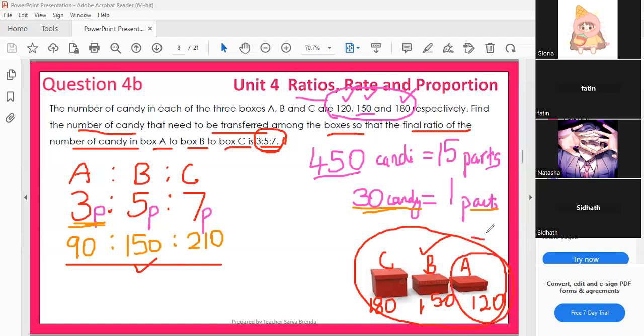You must take out 30 candies from A and put the 30 candies into C. Do you understand? Find the number of candy that need to be transferred among the boxes. So you must literally write: take out 30 candies from A and transfer to box C. If you do this, yeah, you got it right.